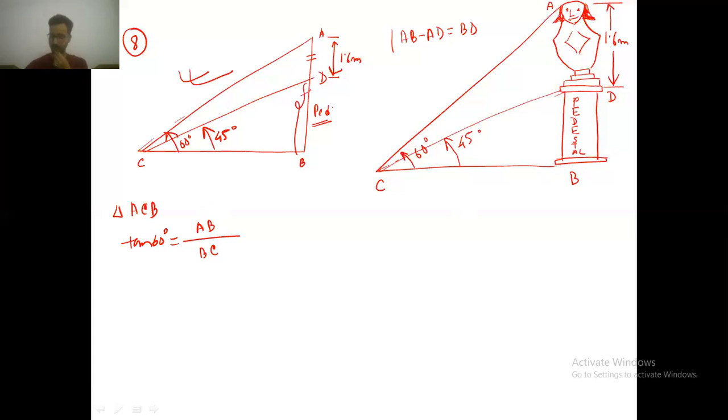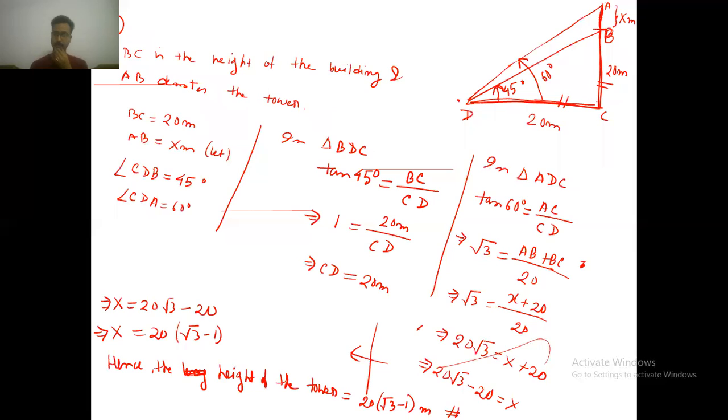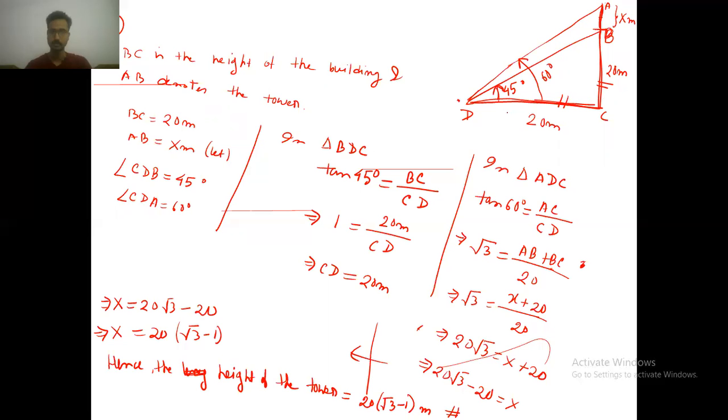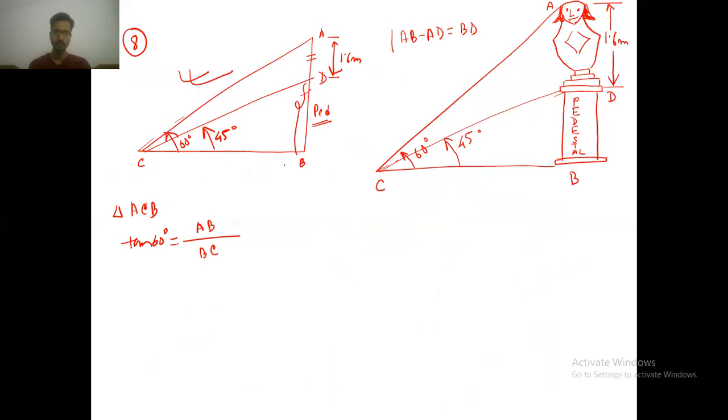In the previous question, we knew the value of the bottom one, so we could find the value of CD. But here we don't know the value of BD, so we can't find BC. So you have to equate it. Now see, I'm doing this: tan 60 will be root 3.